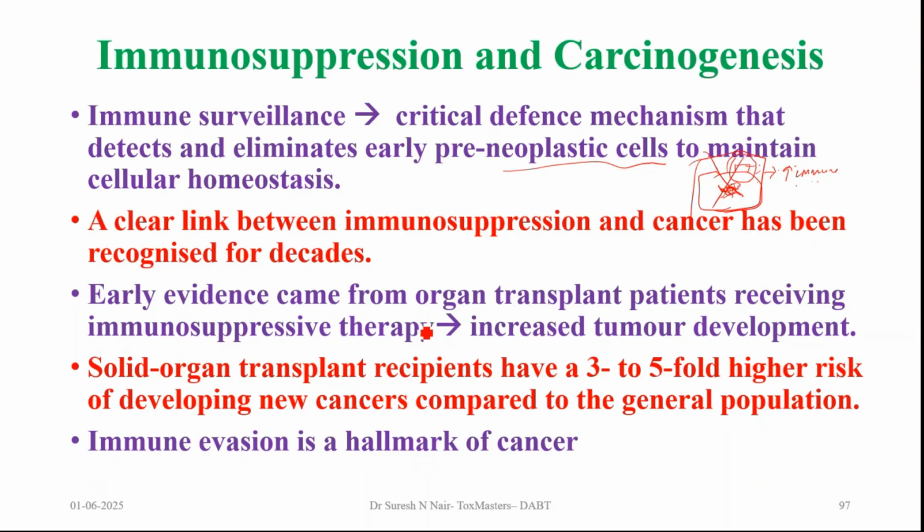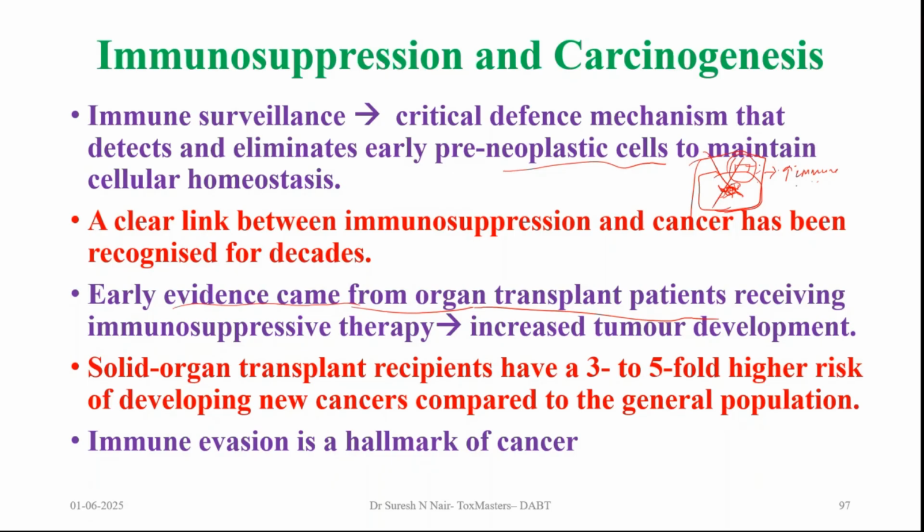Okay, so that evidence was collected from organ transplant patients. Organ transplant patients, to prevent graft rejection, have to take immunosuppressant drugs lifelong, like azathioprine or endoxan or drugs like that.